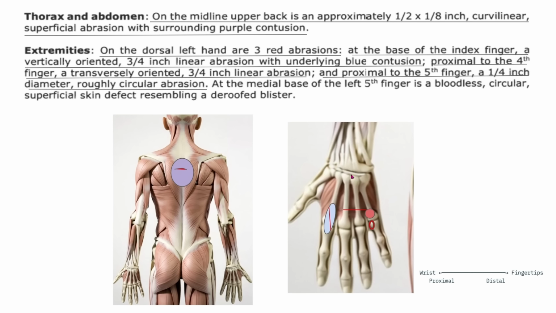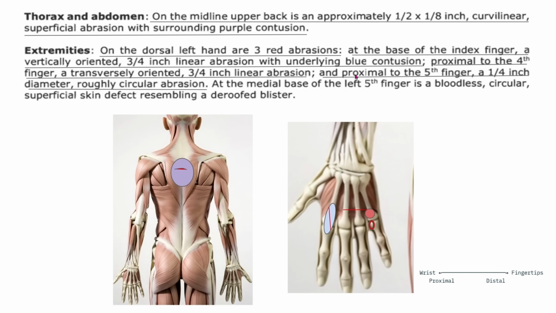And then on her left hand, on her dorsal left hand, she has 3 abrasions at the base of the index finger, vertically oriented, and a 3/4 inch linear abrasion underlying a blue contusion. So the skin is scraped off, and underneath that is a blue contusion.